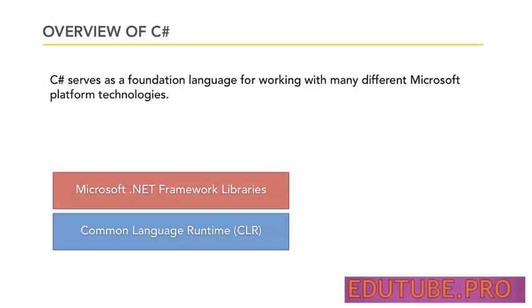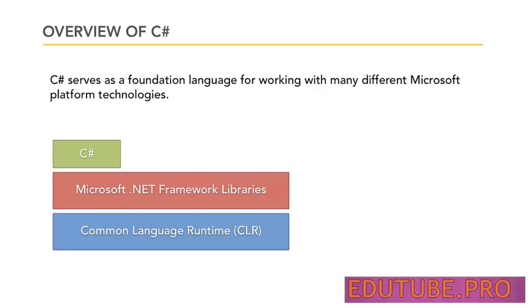On top of that are the Microsoft .NET Framework libraries. This is code that is provided to you by .NET that performs a whole bunch of common things that applications have to do, such as reading and writing from files, working with the web, and all that kind of stuff. That's all contained in the .NET Framework libraries. On top of that is the C# language, which we'll be working with today.